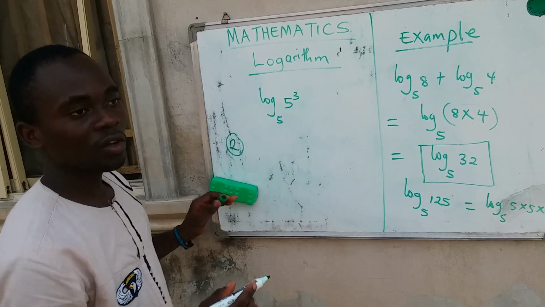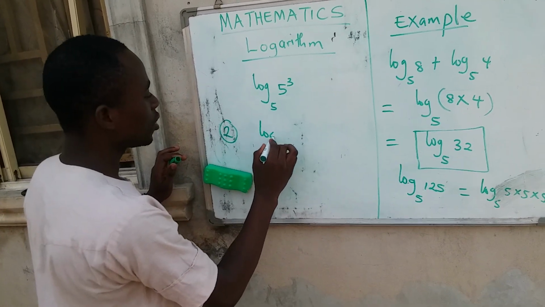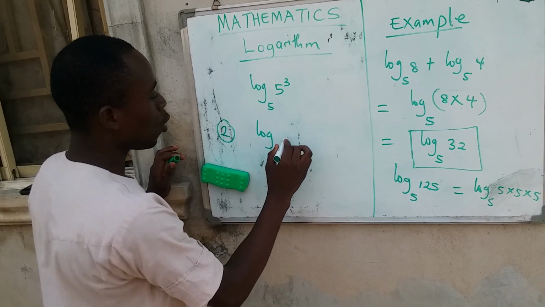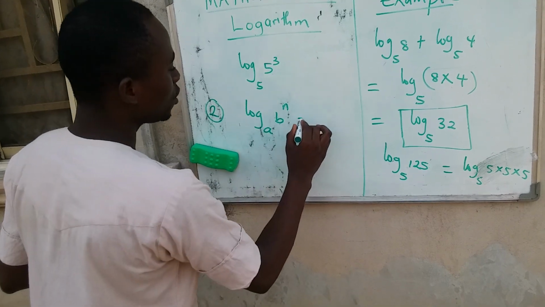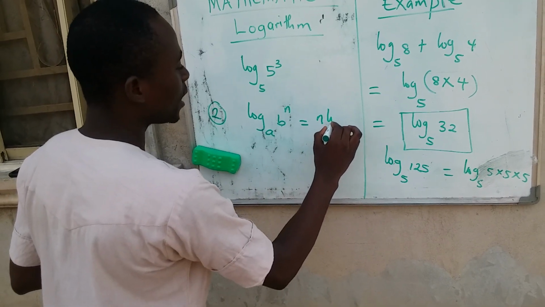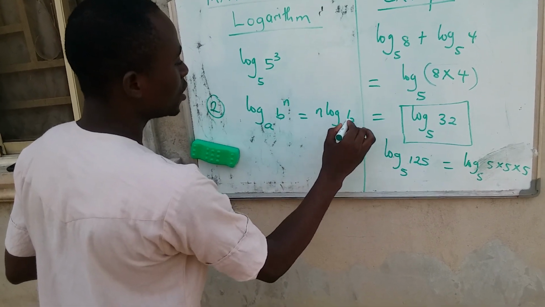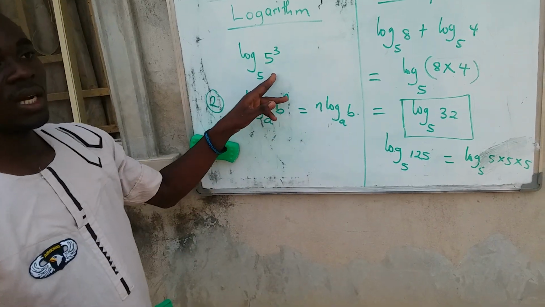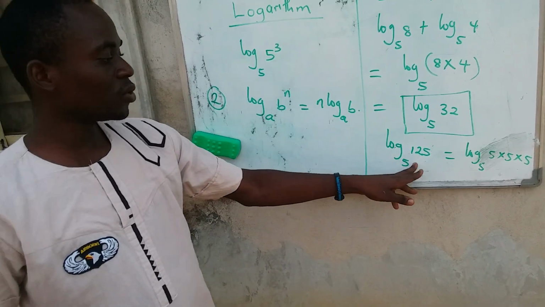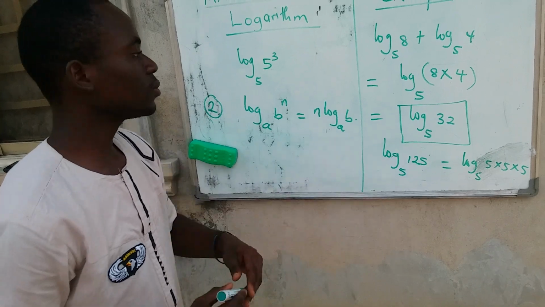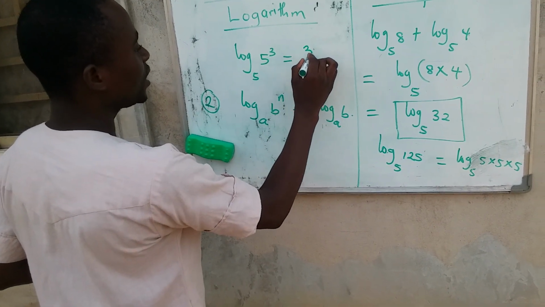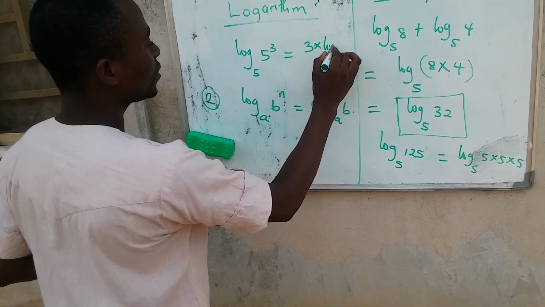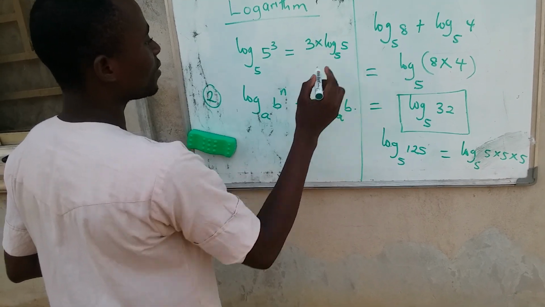The second law says that if you have a logarithm to a given base of a number raised to a given power, then it is equal to the power multiplied by the logarithm itself. So we are going to apply that rule here, and we'll see why we are not supposed to leave this answer in this form. This is going to simplify to 3 multiplied by logarithm to base 5 of 5.